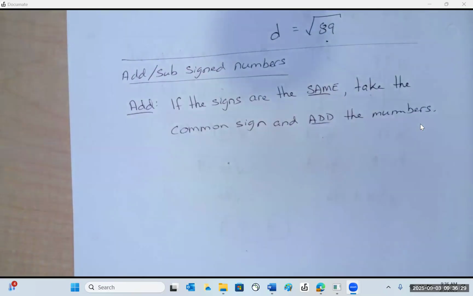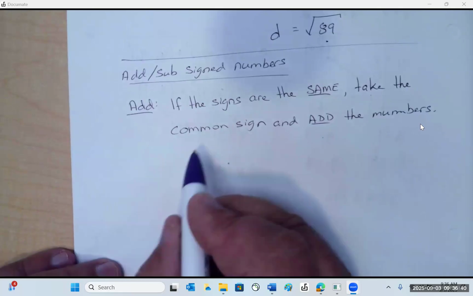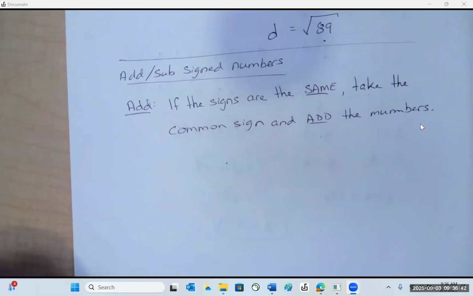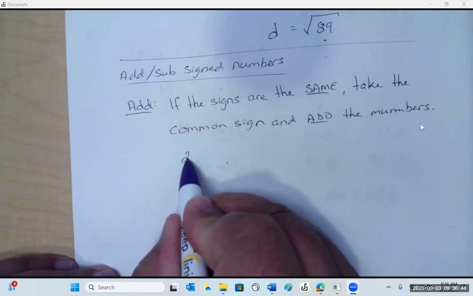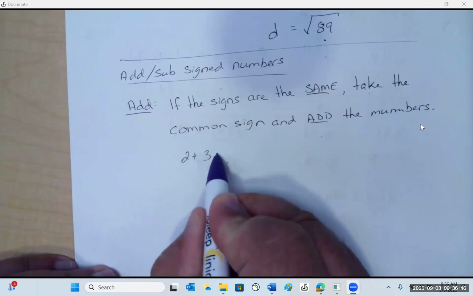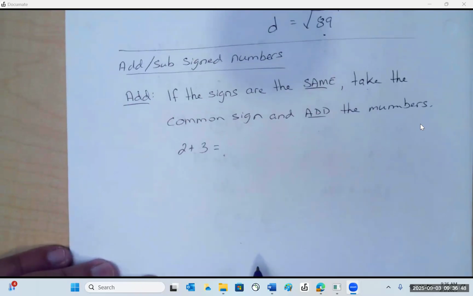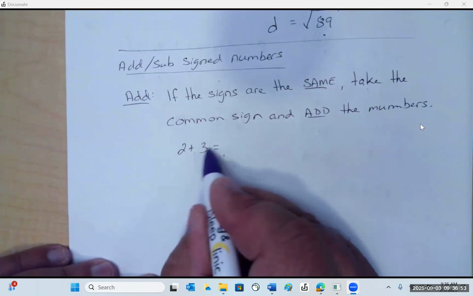If the signs are the same, take the common sign and add the numbers. Here's what it means. We know 2 plus 3 is equal to, they're both positive, so the answer is what?